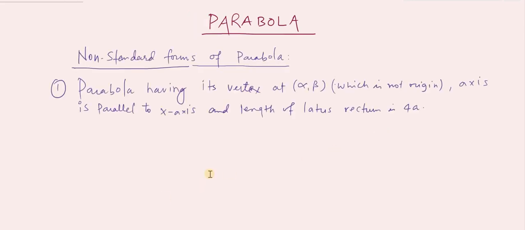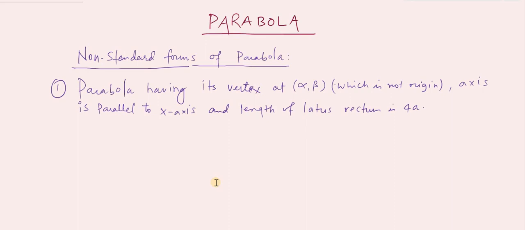Now let us discuss some non-standard forms of parabola, and the first one among them is parabola having its vertex at alpha comma beta, where alpha comma beta is not origin, and axis is parallel to x-axis, and length of its latus rectum is 4a. Then what will be the equation of parabola? So simply in this case what we are doing here is shifting the origin to point alpha comma beta.